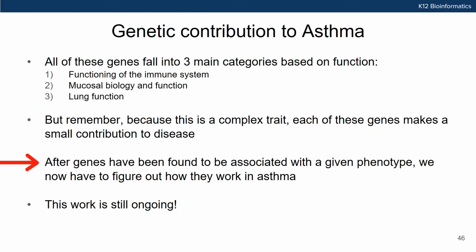After a genetic location has been found to be associated or significant with a given phenotype, we now have to figure out how these genes are working in asthma. And of course, with complex traits like asthma or obesity or type 2 diabetes, this work is certainly still ongoing.